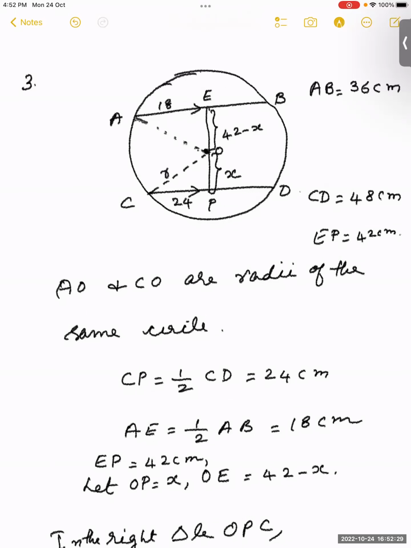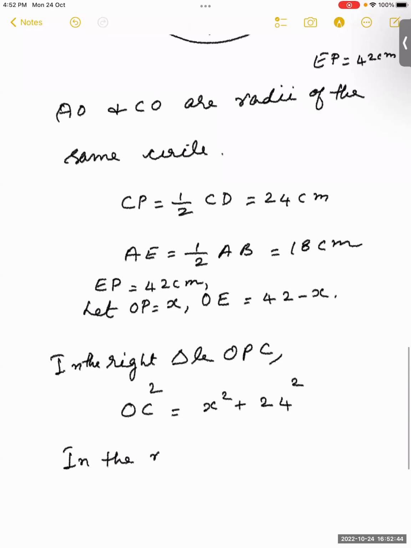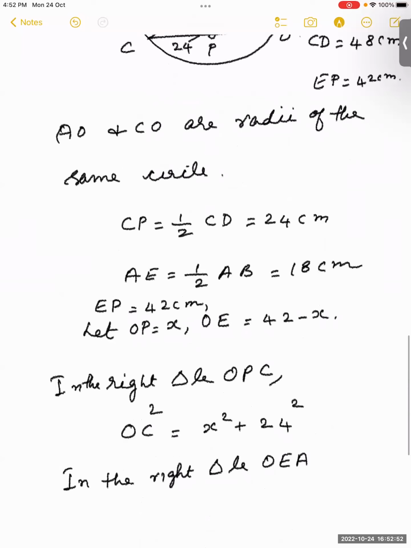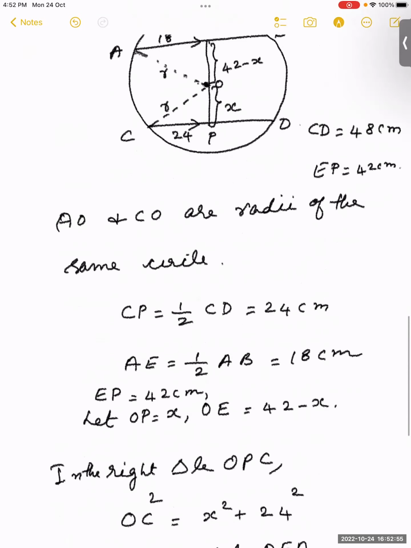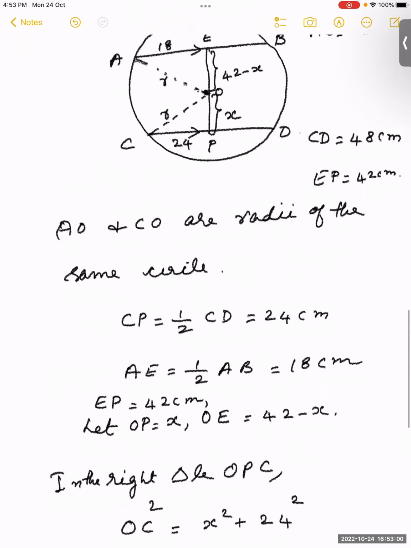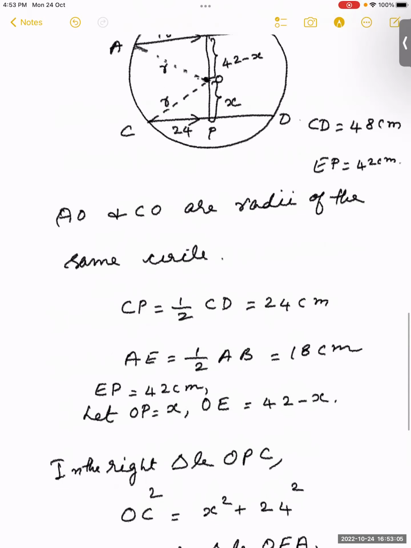Now OC is radius. Similarly, OA is also radius. Correct? Both are radii. So similarly, I'm going to consider the other right triangle, OEA. Can I write OA square equal to 42 minus x the whole square plus 18 square?